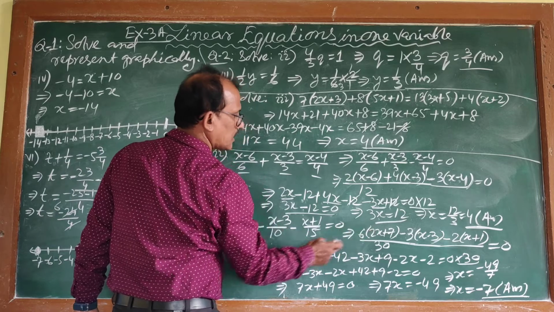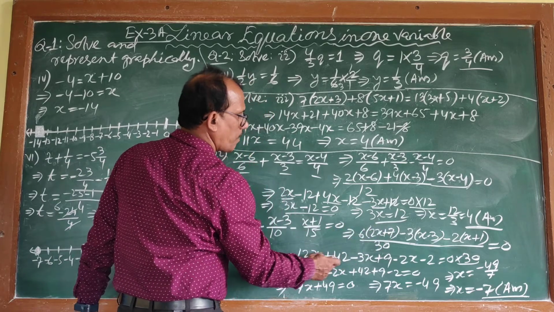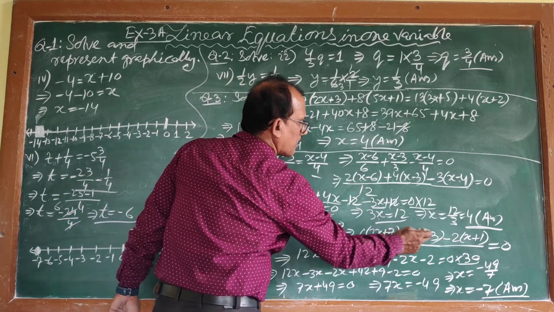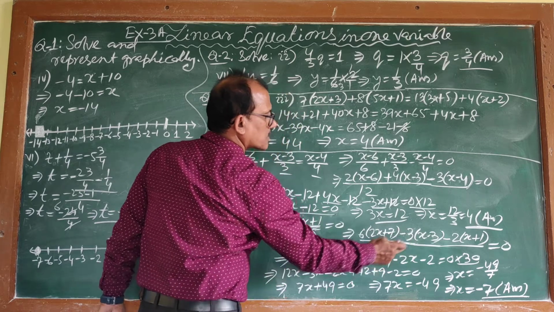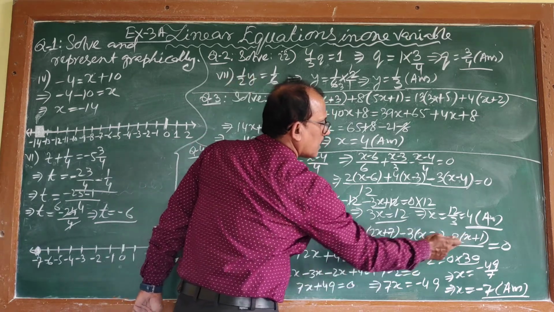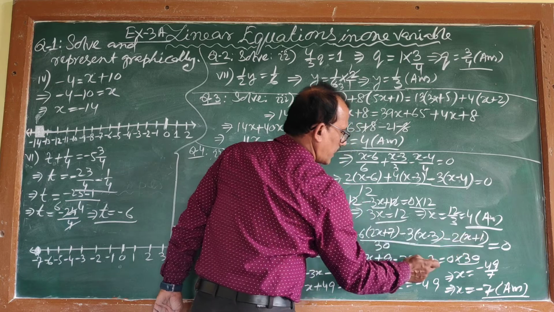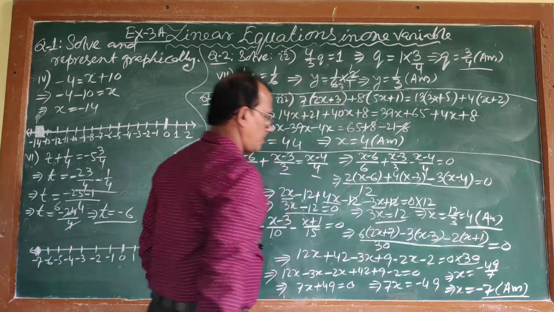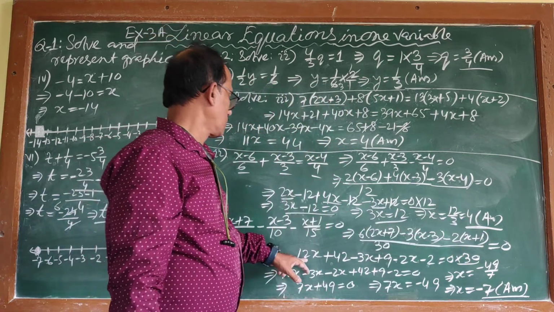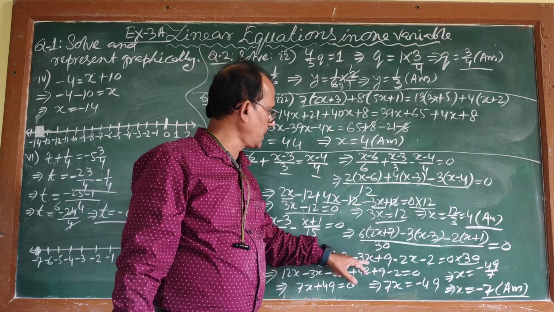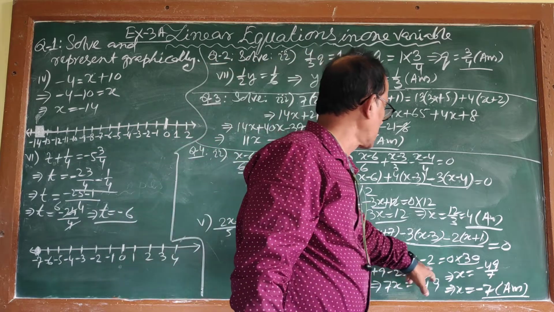6 times 2x is 12x and 6 times 7 is 42. Now minus 3x plus 9, minus 2x minus 2, 2 ones are 2, so minus 2. So it will begin, 12x plus 42 minus 3x plus 9 minus 2x minus 2 is equal to 0.